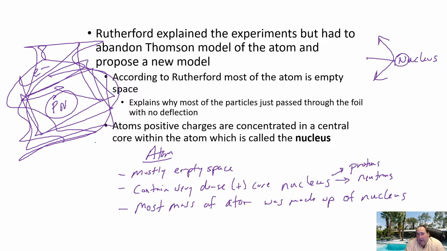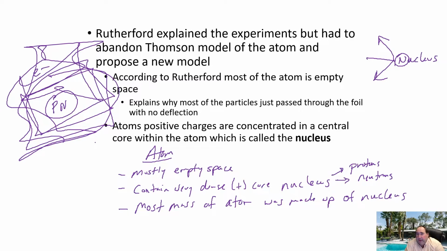So what do you need to know from this part? You clearly need to know the plum pudding model, what it was, what came out of it, and obviously the couple of experiments that we previously talked about. You need to know Dalton's atomic theory, what Thomson did with the CRT tube, the Millikan oil drop experiment, the plum pudding model, and Rutherford's gold foil experiment.